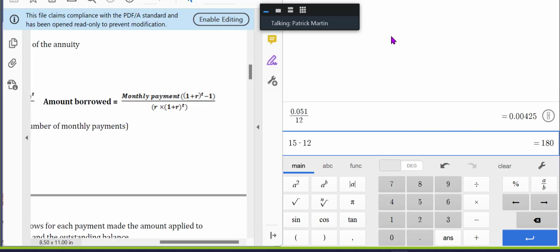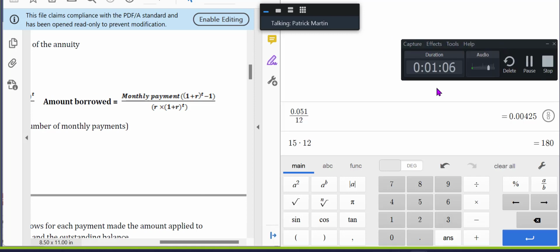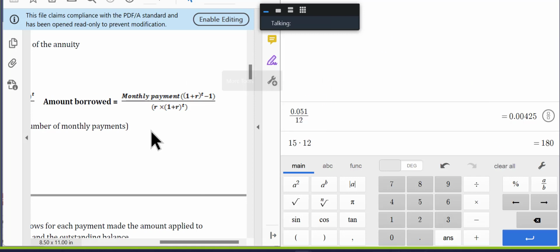So from your formula sheet, you can see that the amount you can borrow is the monthly payment times this, right?